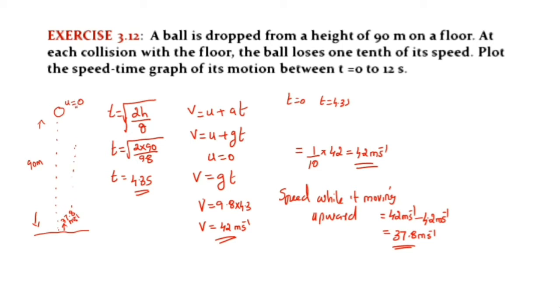It won't reach exactly this point, it may reach somewhere here because 1/10 of speed is decreased here. Now we have to calculate how much time will be taken for ascending. If you calculate the time of ascent, definitely the same time will be taken once again to come down, that we have already discussed, called time of descent. So let's draw this speed time graph by using these calculations.